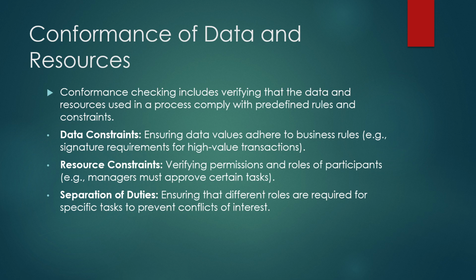We have two types of constraints here: data constraints, which ensure the data values adhere to business rules, and resource constraints, which verify permissions and roles for participants. We also have separation of duties, which ensures different roles are required for specific tasks to prevent conflict of interest.